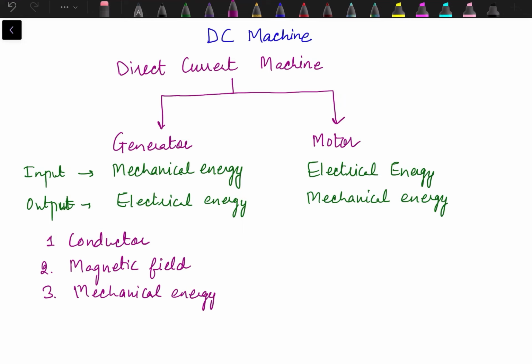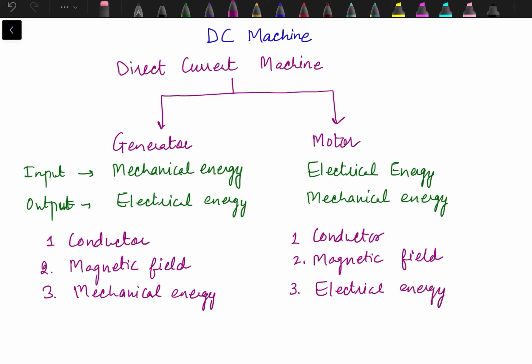While for a motor, we need again a conductor and a magnetic field, and instead of mechanical energy, now we need electrical energy, since the principle of a motor is that when a current carrying conductor is placed inside the magnetic field, it will experience a force, and that force will lead to torque and the motor starts rotating.